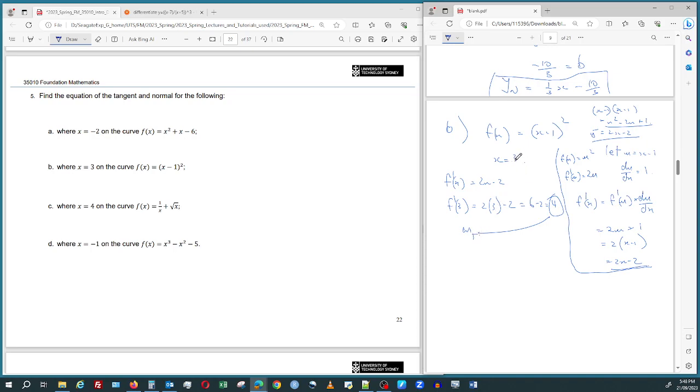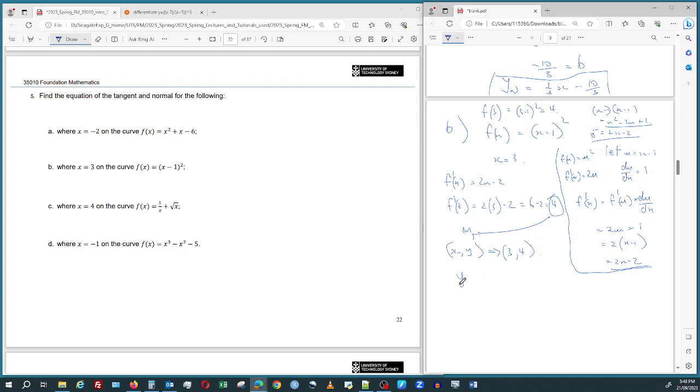What is the function value at 3? Okay, so we're going to have 3 minus 1 all squared, which is 4. So we've got an xy pair of 3 and 4.